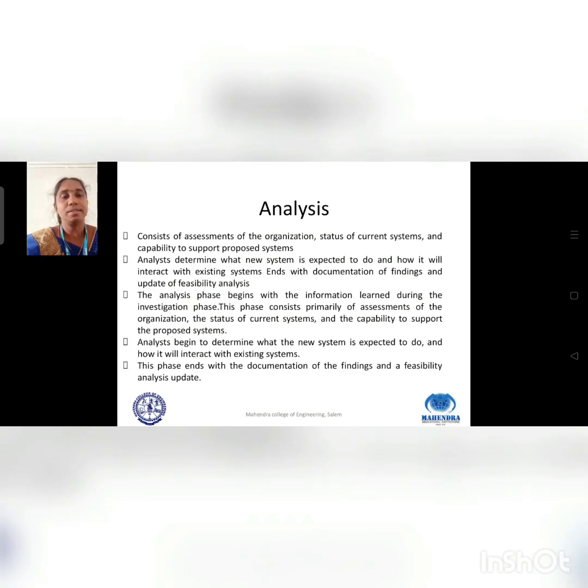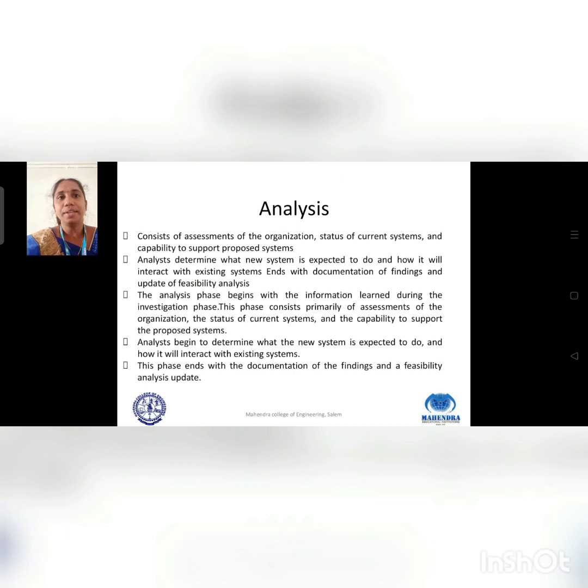Next one, analysis. Analysis consists of assessments of the organization, the status of current systems and the capability to support proposed systems. Analysts determine what the new system is expected to do and how it will interact with existing systems, and it ends with documentation of findings and an update of the feasibility analysis.